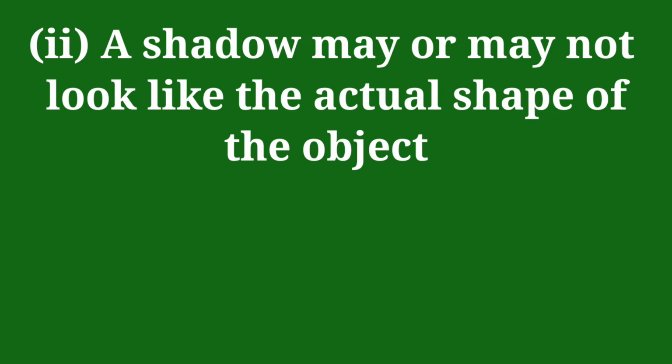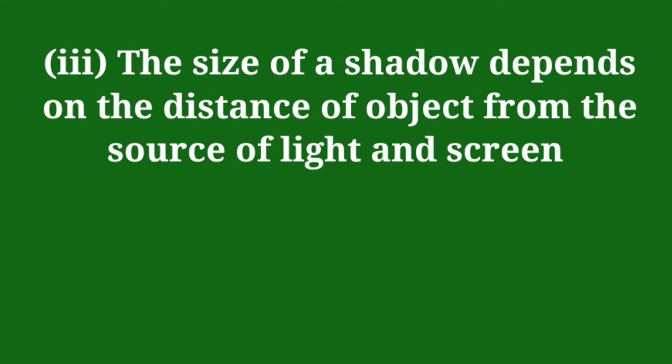If you do this experiment or activity, you will be able to see these characteristics; they are all visible and evident. Number 3, the size of a shadow depends on the distance of the object from the source of light and the screen. That's another important characteristic of shadow formation.